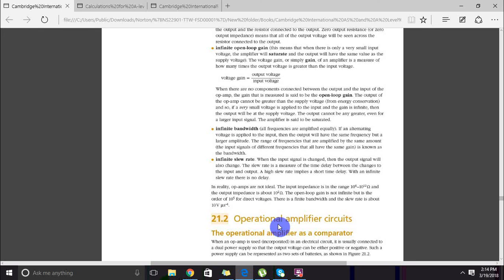But if the bandwidth wasn't infinite, some of the frequencies would have been amplified a lot, and some wouldn't have been amplified. That is, the amplitude wouldn't have been increased by the same amount. That is why your voice would have sounded weird.